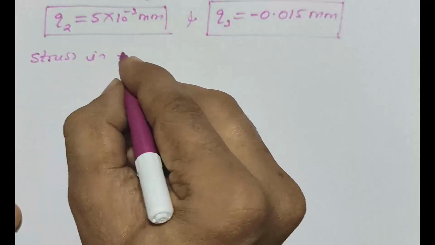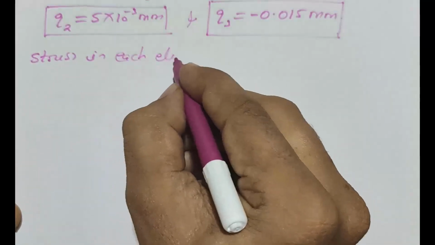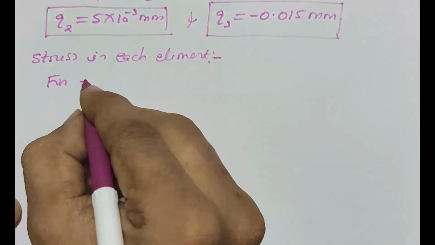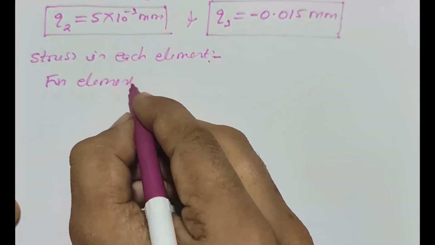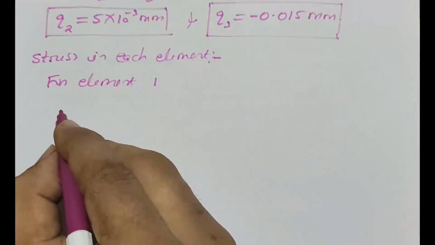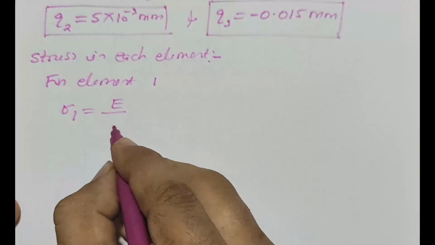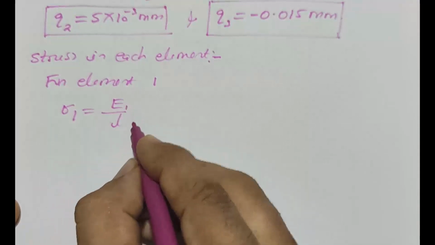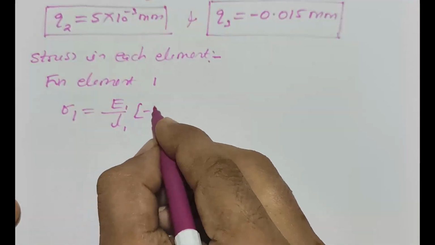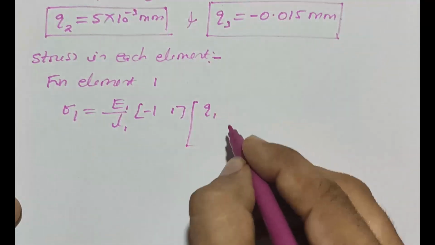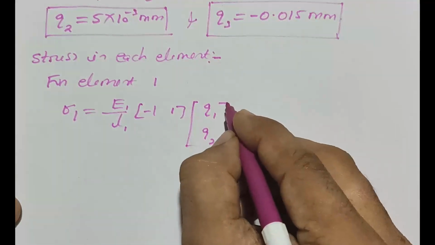Stress in each element. So for element 1, stress sigma 1 is equal to E by L, it is E1 by L1 [minus 1 1] [Q1 Q2].